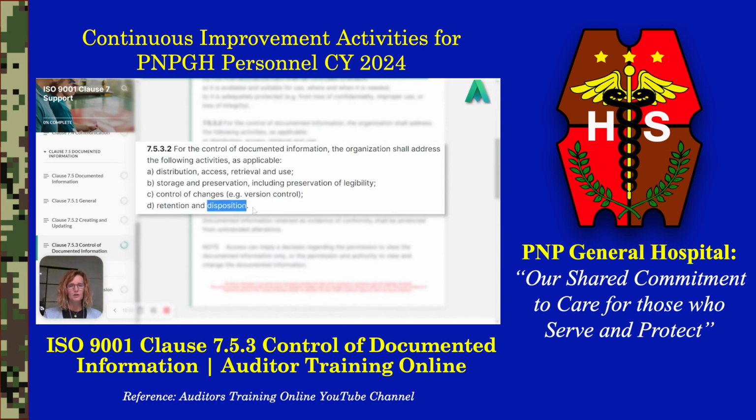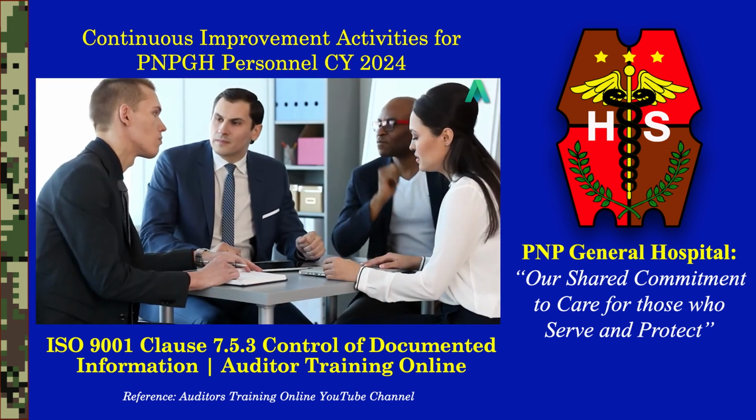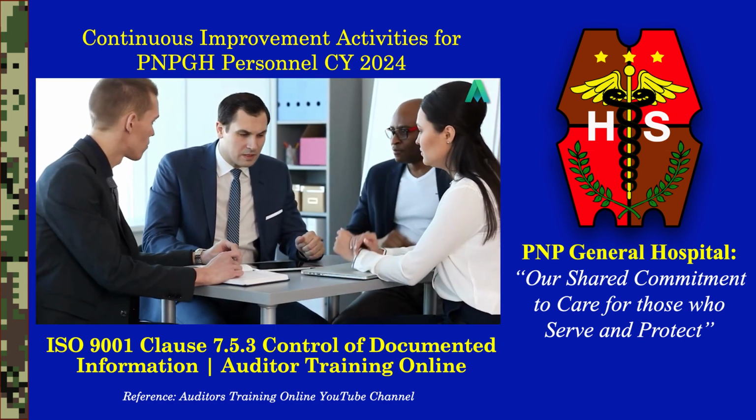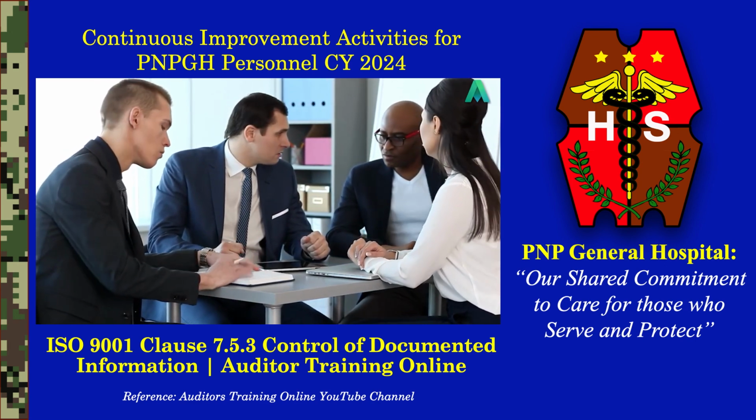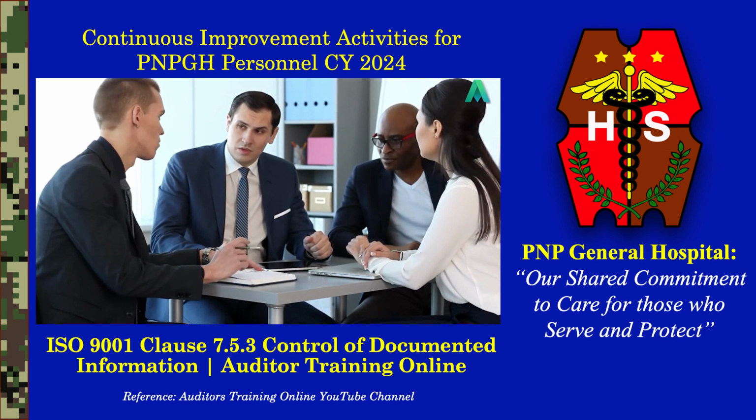And then disposition. Disposition isn't just disposal, it can include archiving. So again, at what point is it okay to dispose of, so shred, or do we archive this? You need some sort of time frames in place based on different types of documented information as to how long you'll retain them, and then what the disposition process is.